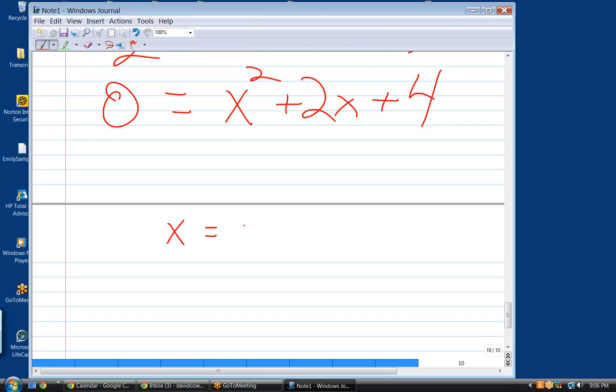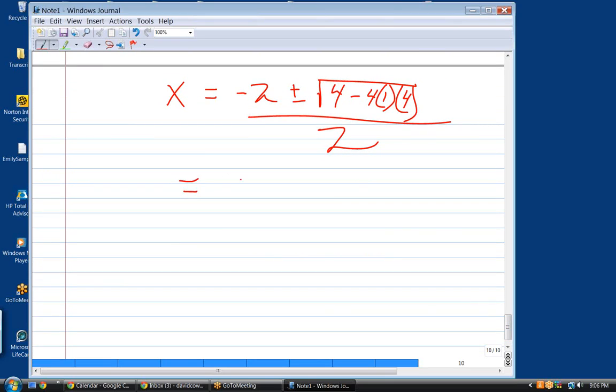Tell me what to write. Okay. It's going to be negative 2 plus or minus the square root of 4 minus 4 times 1 times 4 over 2.